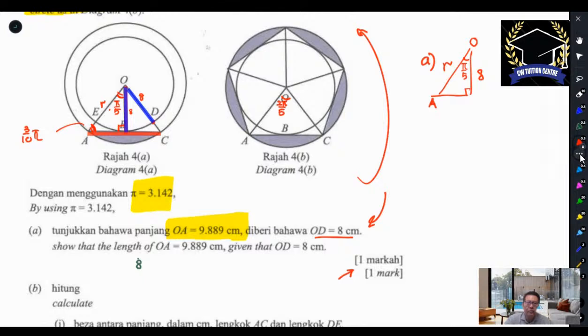So I will use cos pi over 5 equals 8 over R. So R equals, let's try, hopefully I get the answer, 8 over cos pi over 5.